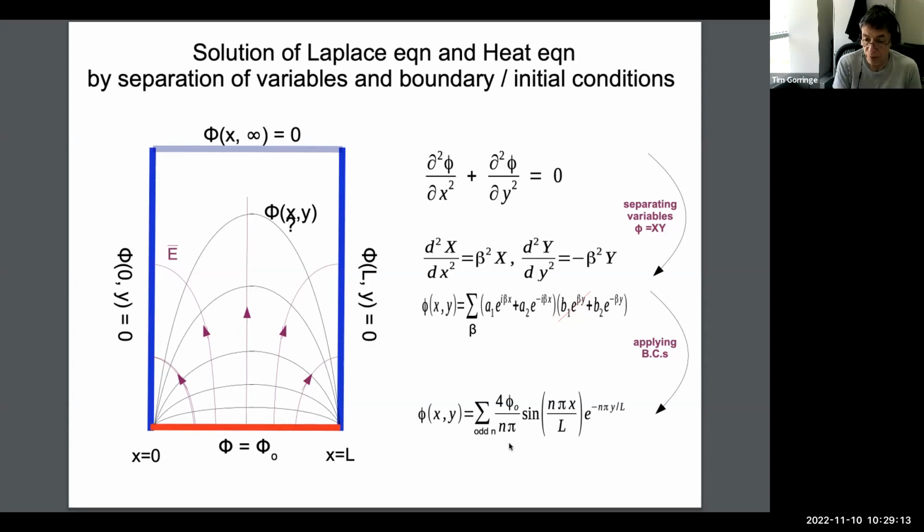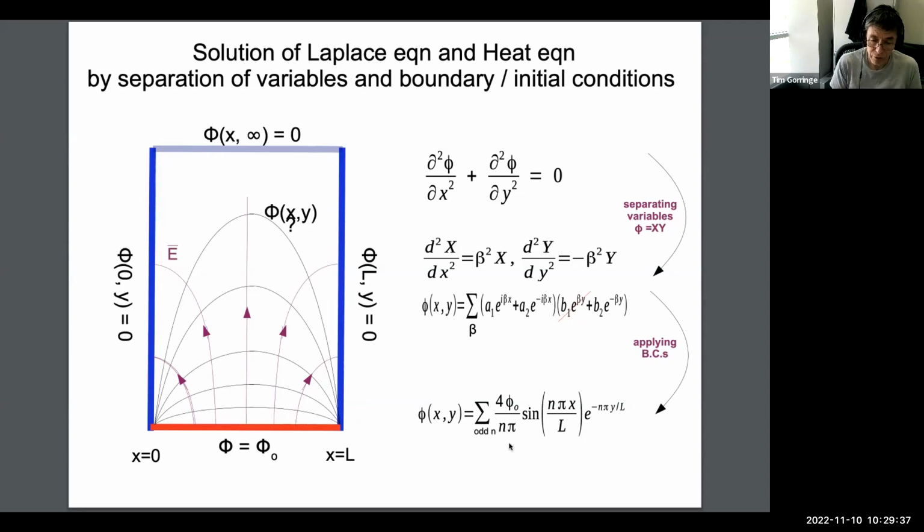And that's something new that we're going to compare to the last class. So I'm going to start with a reminder. I'm just going to outline how we solved theoretically Laplace's equation using separation of variables. And then I'm going to outline how we solved theoretically the heat equation using separation of variables.